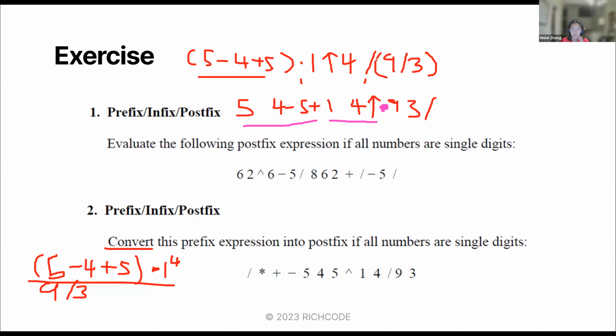And then we have a division, and this is dividing all of this by this, so we can just put the division at the end. Sorry, we're going a little bit over time.